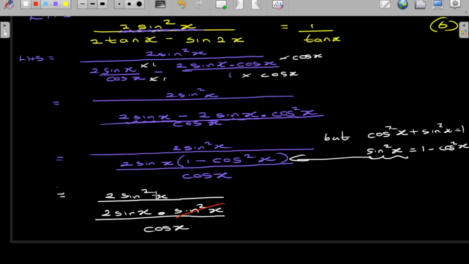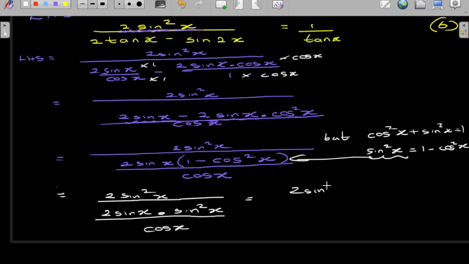Now we can cancel the like terms. Actually, that's not the way I wanted to do it, so let me rewrite it.